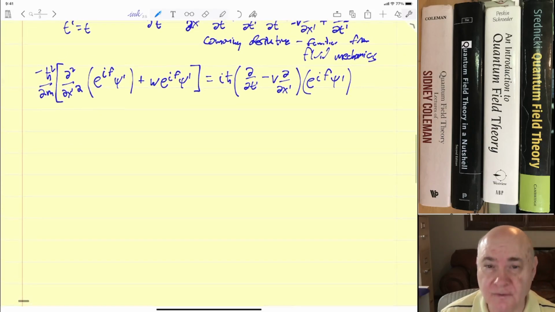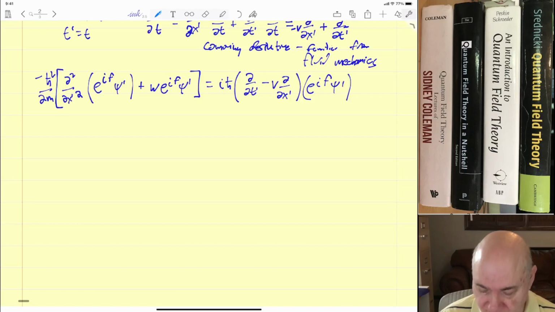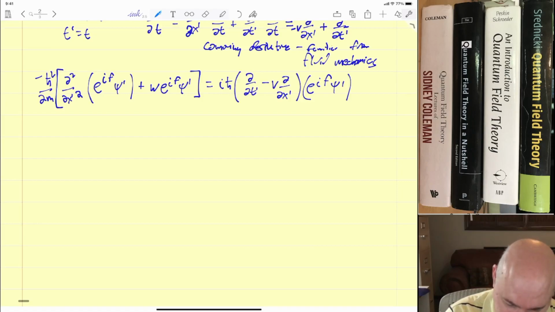And now the only thing we need to do is to just work these things out and go all the way through it. I'm actually going to, against maybe my better judgment, go ahead and see if I can calculate on the fly and get it correctly. So let's just see how it works. I have minus h bar squared over 2m. I'm working on the left-hand side now. I'm going to take one derivative first, the partial with respect to x prime.